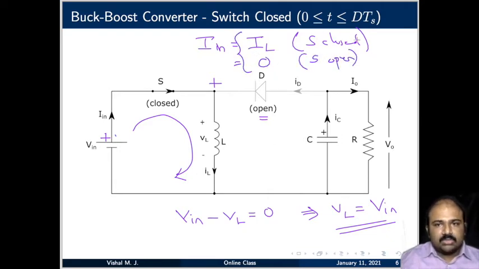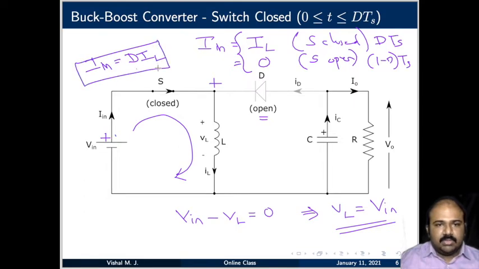For what duration is the switch closed? It is closed for a duration of dTs. And for what duration is it open? It is 1 minus d times Ts. So, what is the value of the average input current? It would be equal to D times IL, duty ratio times IL, because input current flows and is equal to IL only for dTs, and for 1 minus d times Ts it is 0.